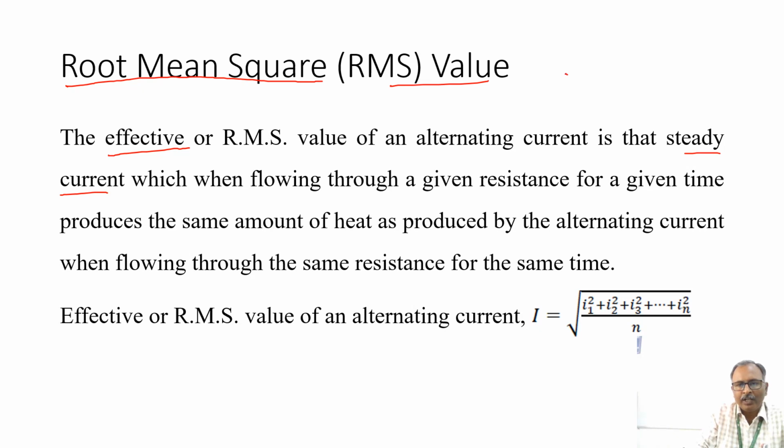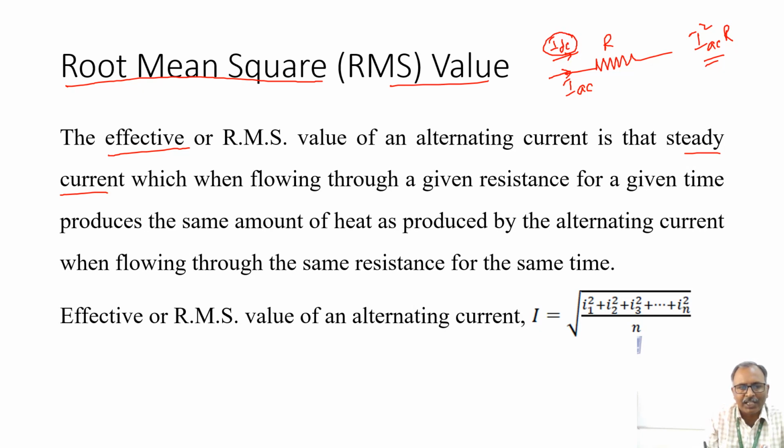Now, if you consider a resistance R, through this resistance, if I amperes of AC current is flown, the amount of heat produced will be I AC square into R. Instead of AC current, if you flow some amount of DC current for the same amount of time through the same resistance, in order to produce the same heating effect, what should be the magnitude of this DC current?